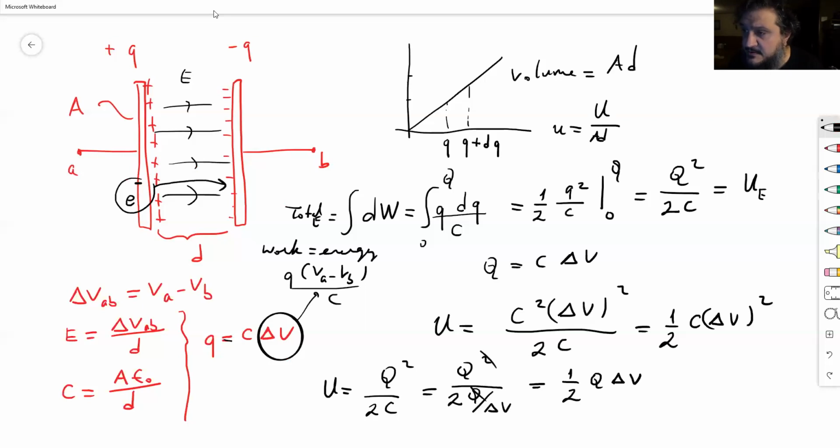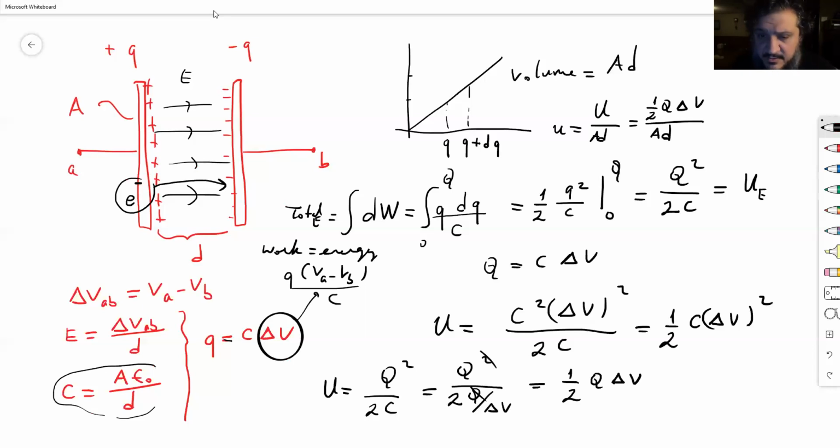All right, so let's find an expression for this in terms of electric field. So I have here, we can use any of these 3. Which one do I want to use? Let's use the last one, 1/2 Q delta V divided by AD.